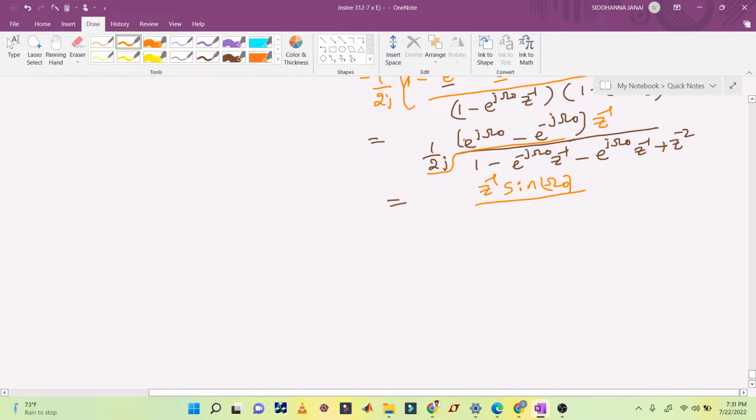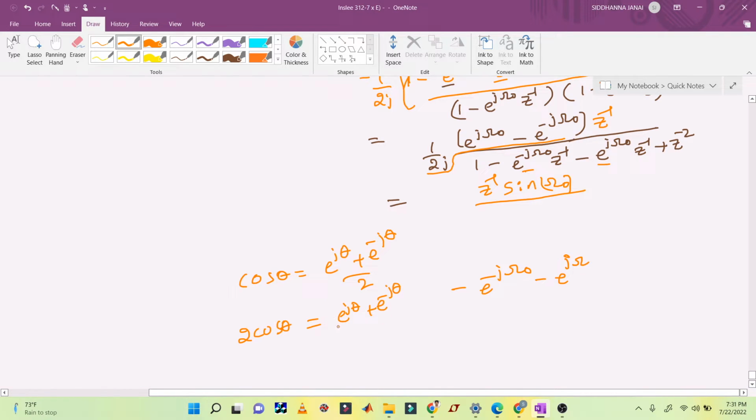So this term I have replaced as sine omega naught. What about this term? You can see here e to the power minus j omega naught minus e to the power j omega naught. We know that cos theta is equal to e to the power j theta plus e to the power minus j theta by 2, or 2 cos theta is e to the power j theta plus e to the power minus j theta.